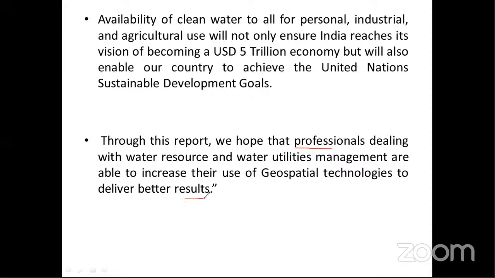Now we see we are continuously using the term geospatial technologies. From a prelims point of view, they can ask you a question about geospatial technologies.